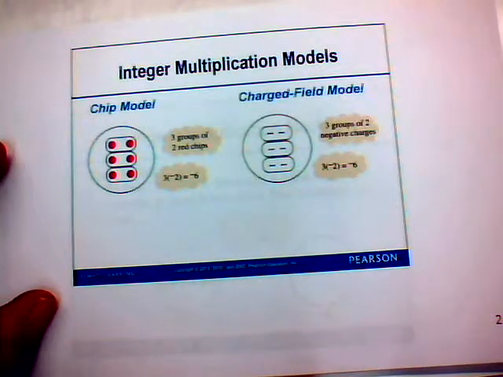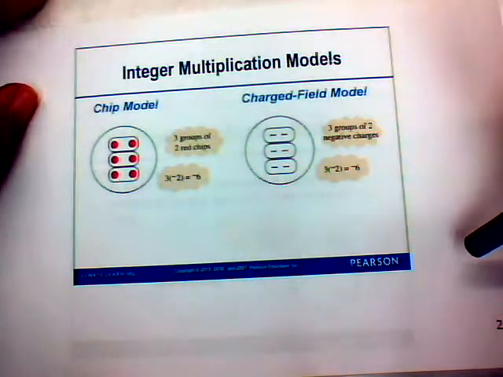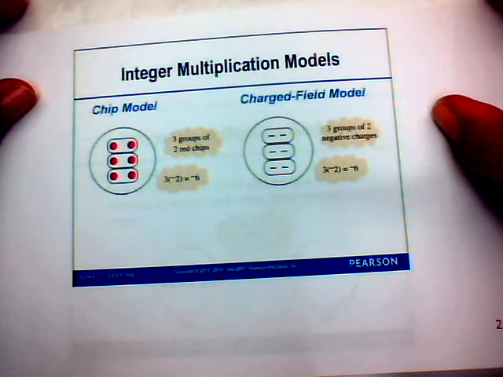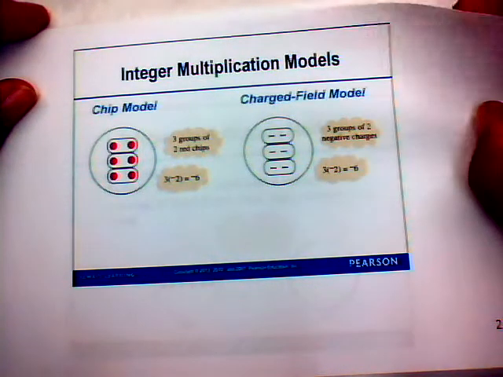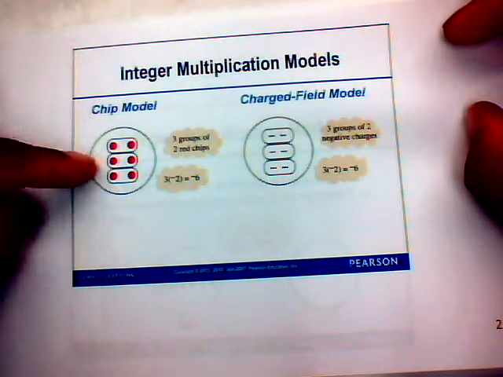A couple of models that can be used in integer multiplication, of course, is the chip model. We talked about that in integer addition and subtraction. The chip model says you have 3 groups of 2 red chips. The red chips represent negative, and the black chips are positive.